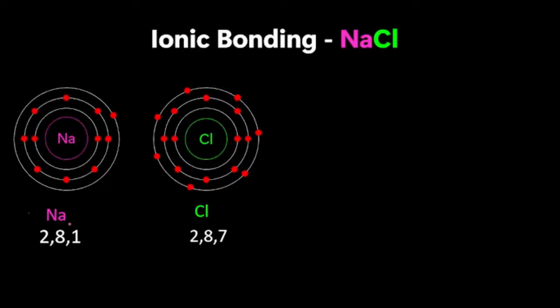Look at the electronic configuration of sodium and chlorine. Here sodium has 1 electron in its valence shell. So if it removes this electron, the second energy level will be the valence shell, where it has 8 electrons, the complete octet configuration.